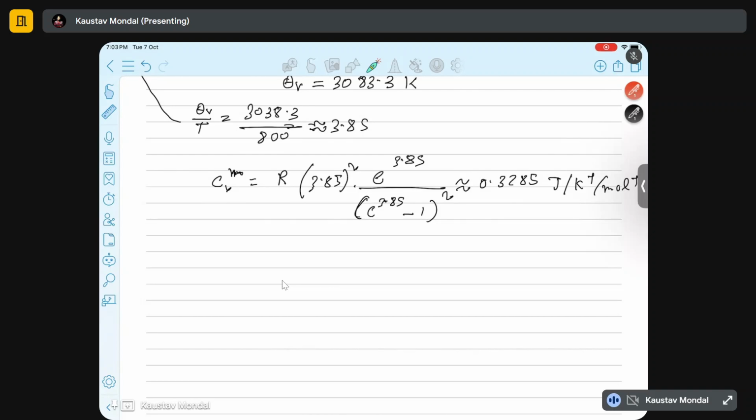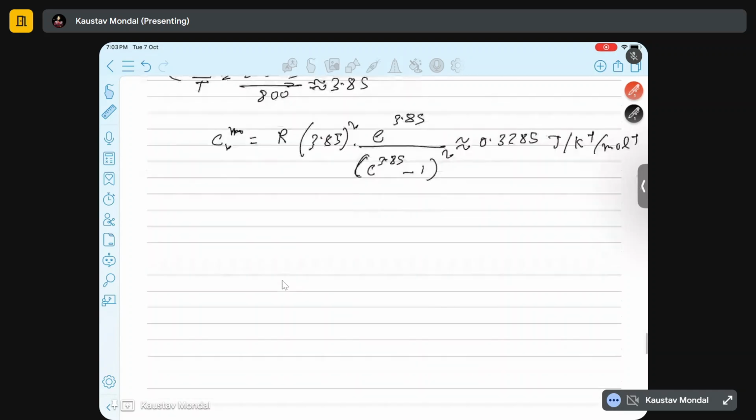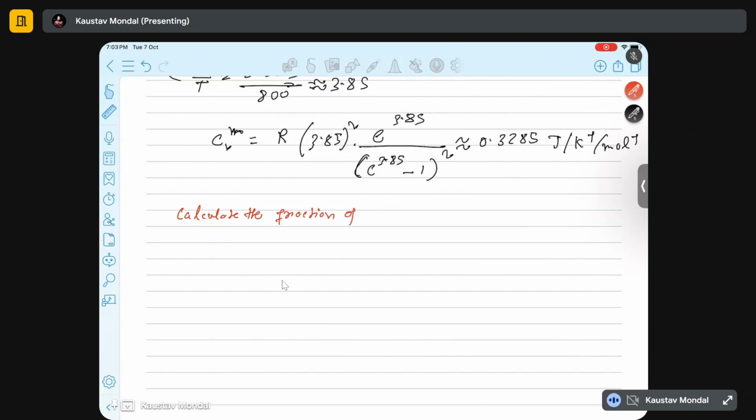Now we are asked to calculate the fraction of molecules in the vibrational state. Fraction of molecules at vibrational state.